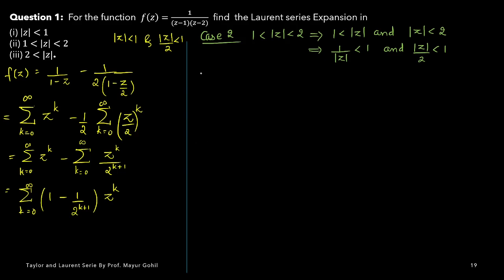So let us do this. Our partial fraction that we had found was f of z is equal to minus of 1 over z minus 1 plus of 1 upon z minus 2.